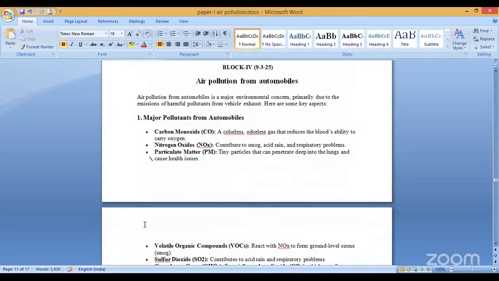Air pollution from automobiles. Air pollution from automobiles is a major environmental concern, primarily due to the emission of harmful pollutants from vehicle exhaust. Here are some key aspects. Major pollutants from automobiles: carbon monoxide is a colorless and odorless gas that reduces the blood's ability to carry oxygen. Nitrogen oxides contribute to smog, acid rain, and respiratory problems. Particulate matter are tiny particles that can penetrate deeply into the lungs and cause health issues.